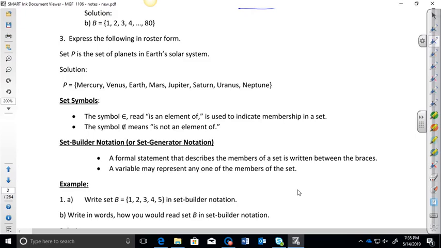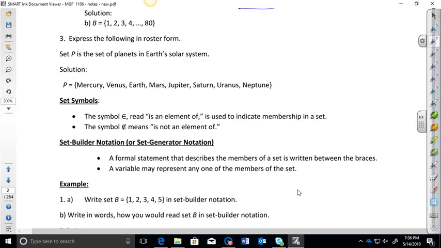So I can say 1 is a member of A, right? Because 1 is in A. 2 is also a member of A. So that's what that symbol means. That means member of. It is a member of that set.